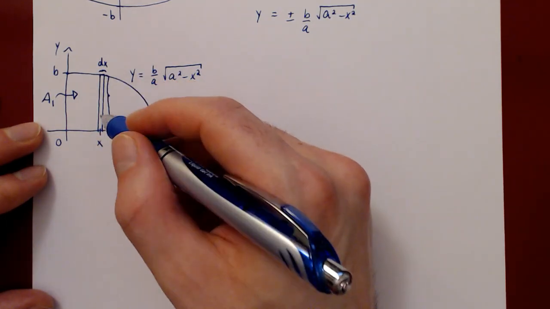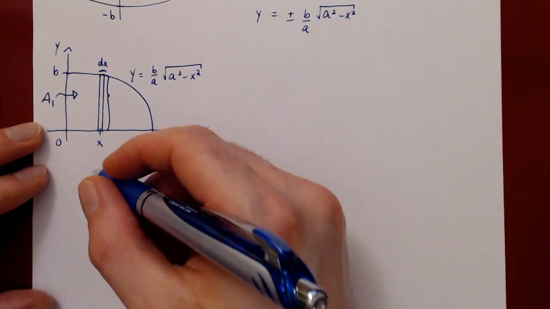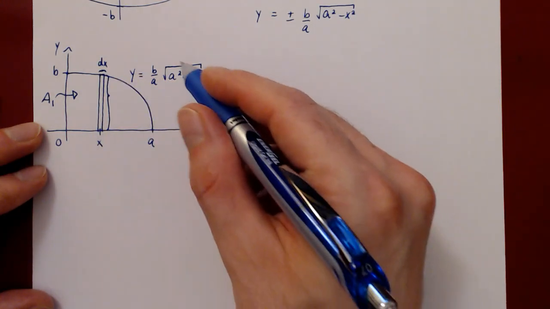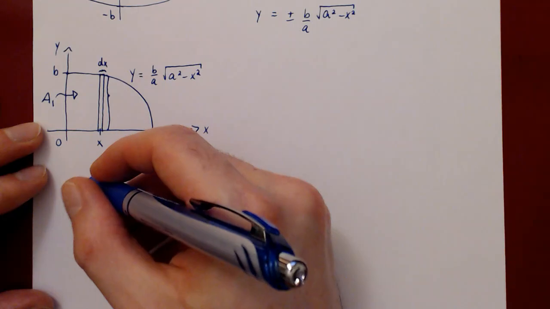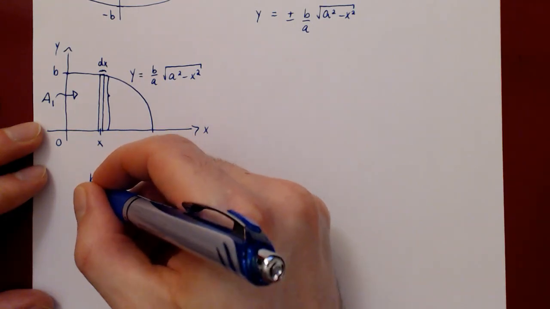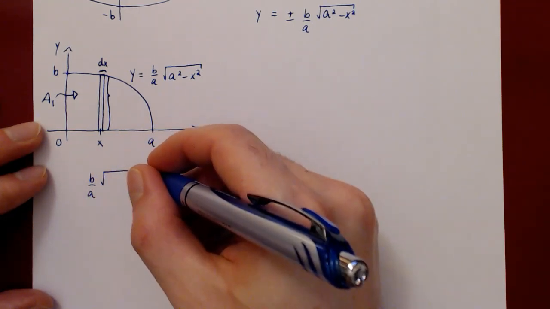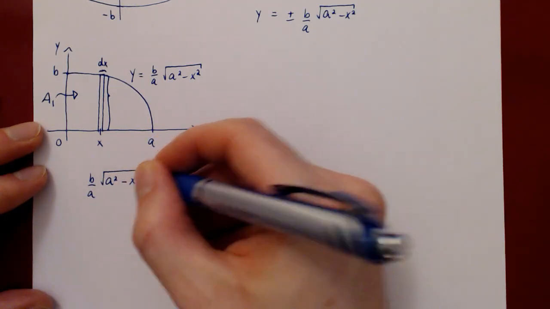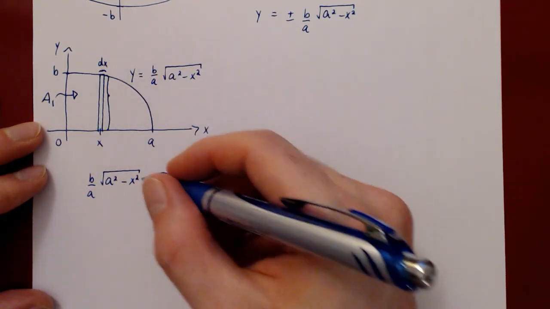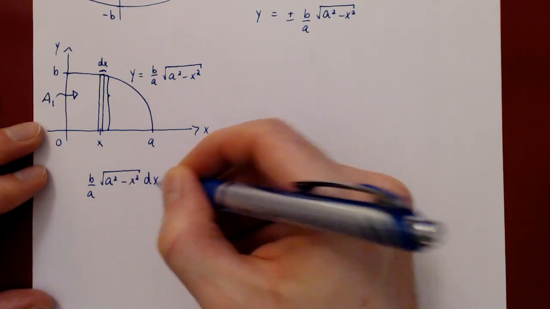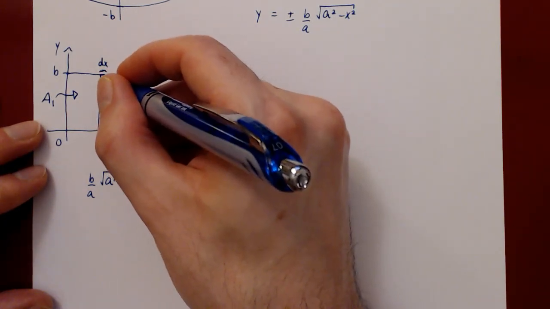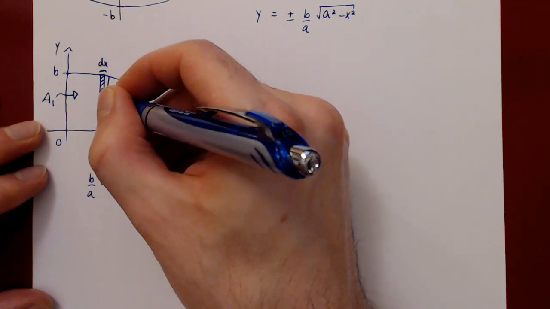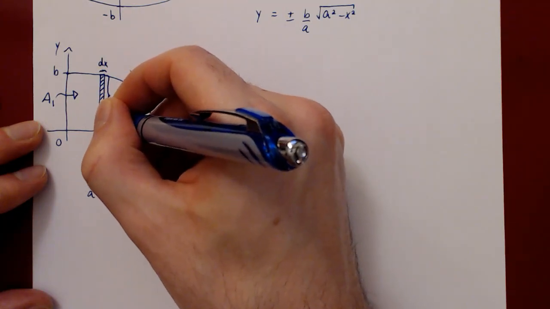So the area of an infinitesimal rectangle is given by the height, which is this term, times dx. So we have b over a times the square root. This is the height of our rectangle, times, of course, dx being the width. And now we have the area of an infinitesimal vertical slice of the region.